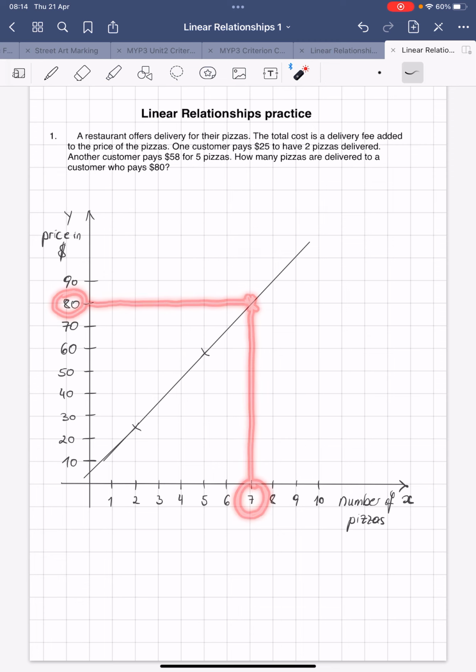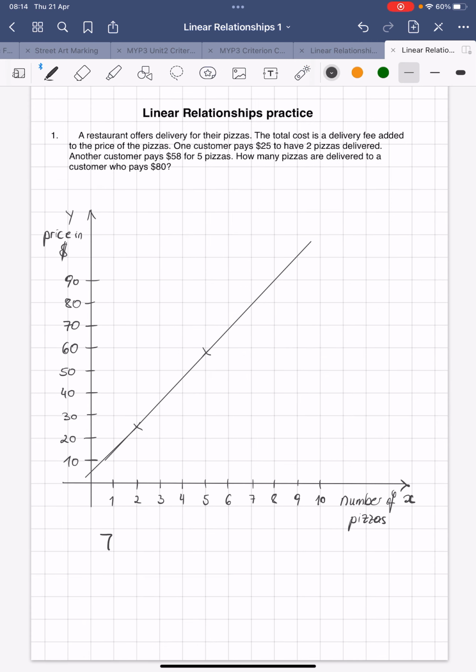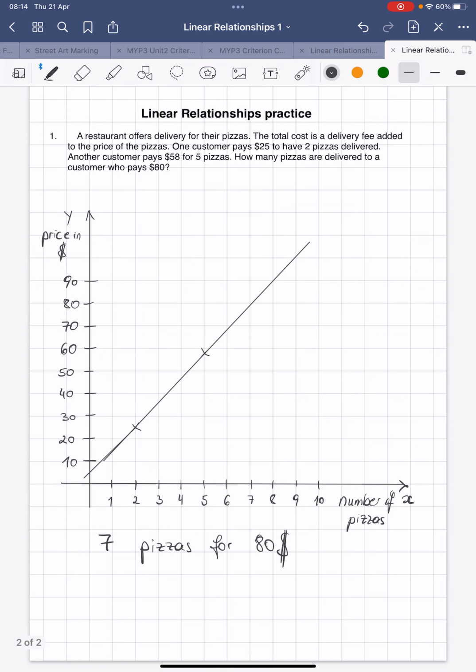And this is 7 pizzas that you can get for $80. And I'm going to actually draw in those lines here. So it should be here, okay? So that you can read that off.